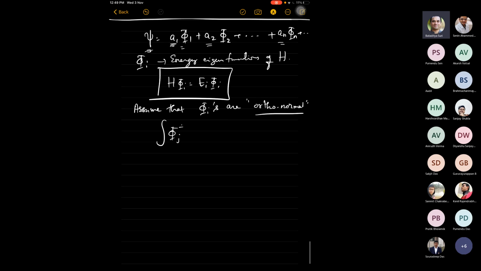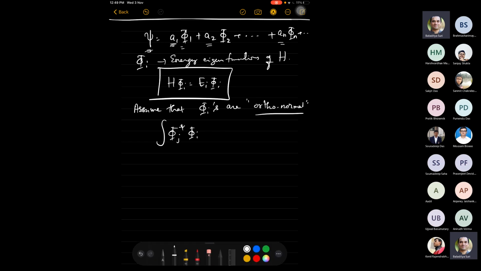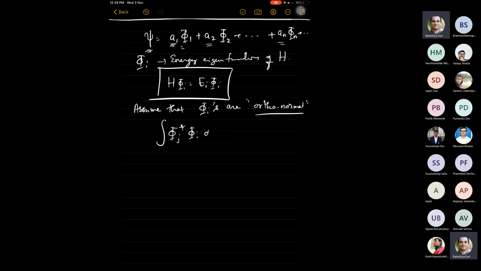That is, the integral of phi_j star times phi_i dx, or d cubed x, depending on, or it should not be d cubed x. In fact, it should be dx1 to dxf, the full set of this product, should be equal to delta_ij. That is what we mean by orthonormal.